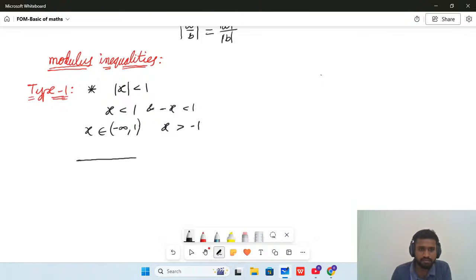The intersection of these two intervals is nothing but x belongs to minus 1 to 1.